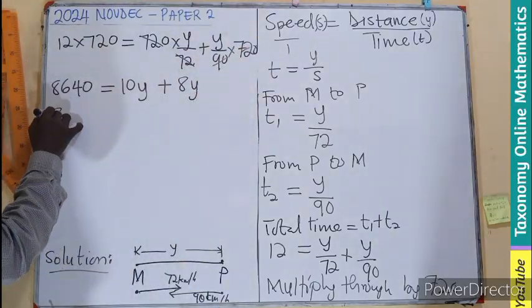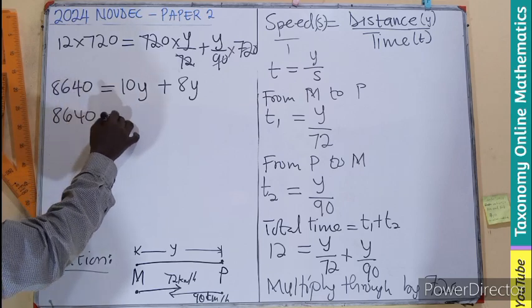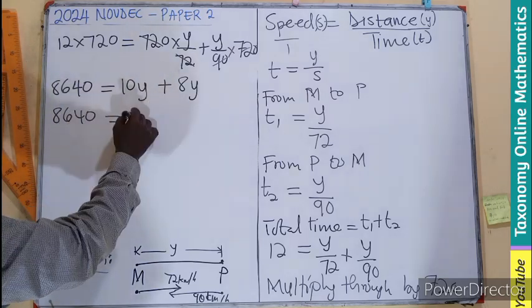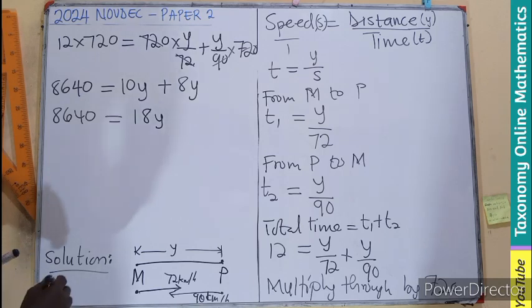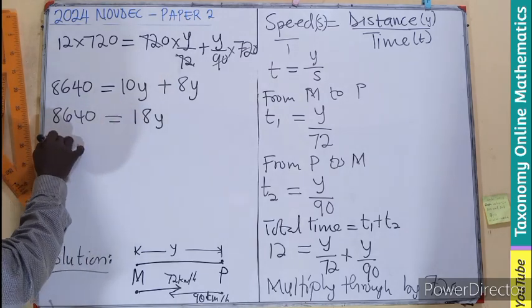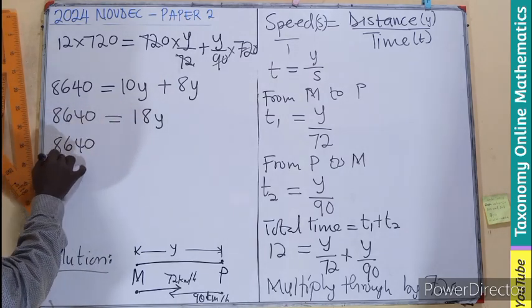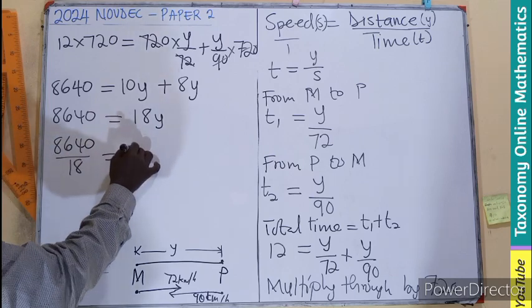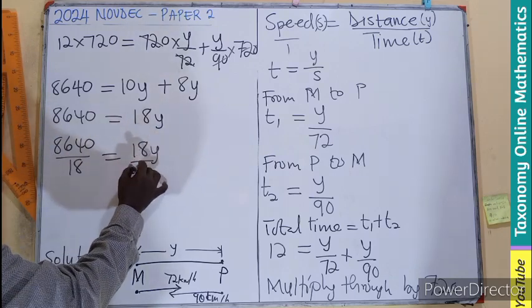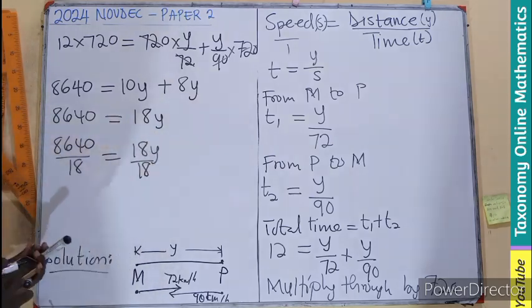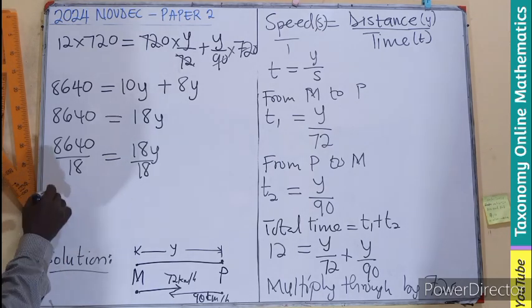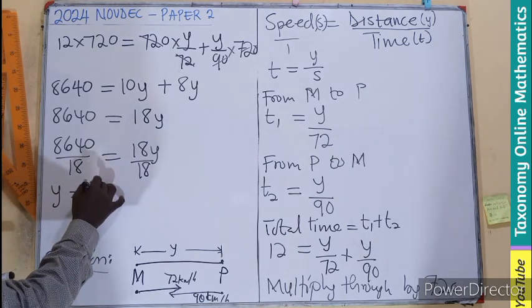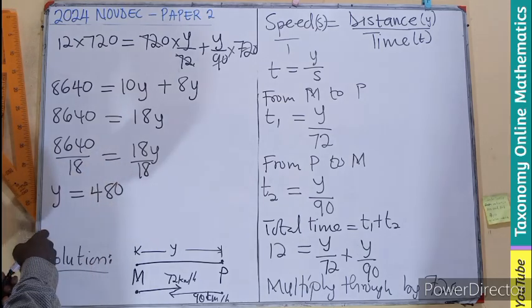So we have 8640 equals 10y plus 8y, which will give you 18y. But since we are looking for the y, we divide by the 18. So 8640 divided by 18, and 18y divided by 18. So let's see what that will give us. And that will be, y will be equal to 480.